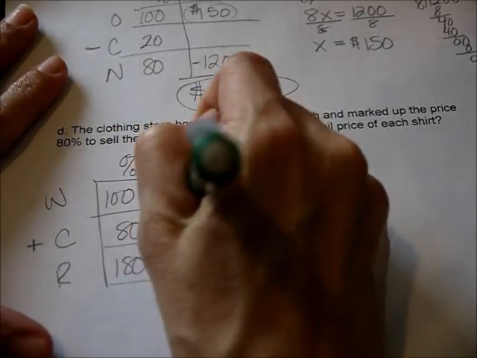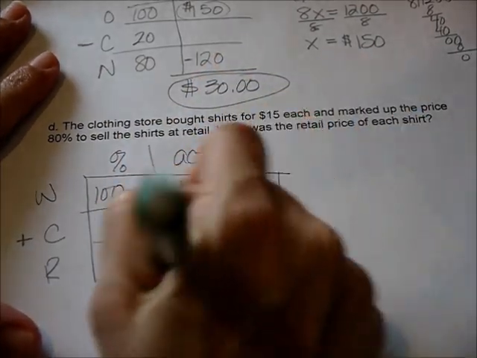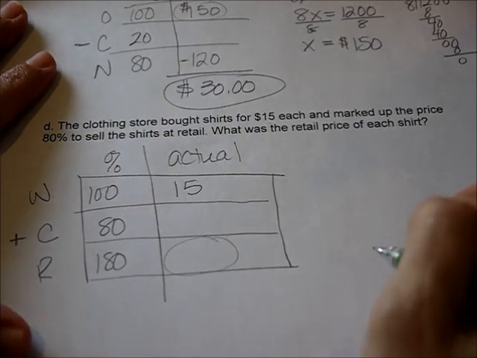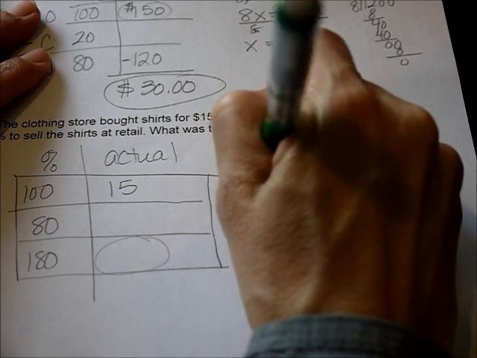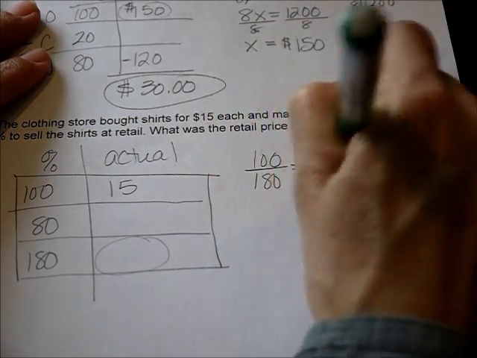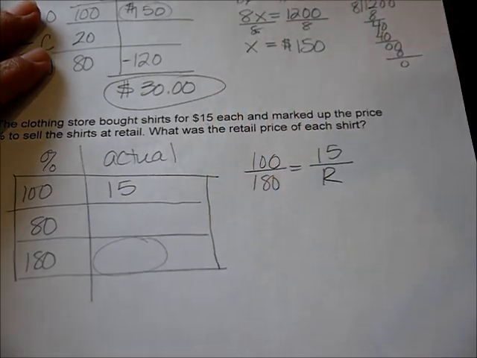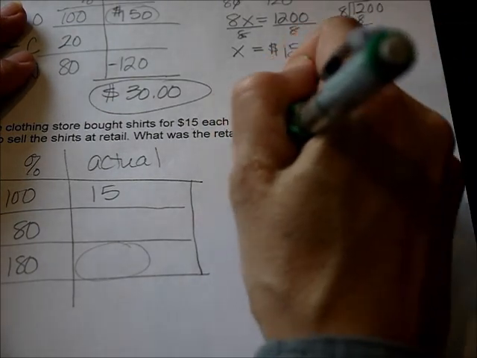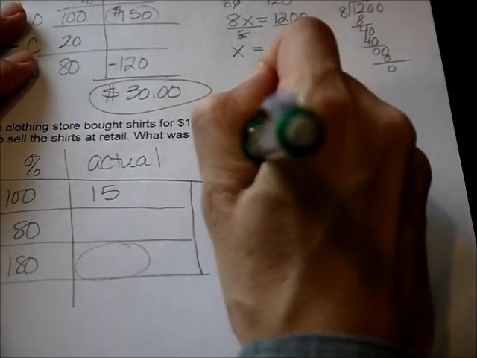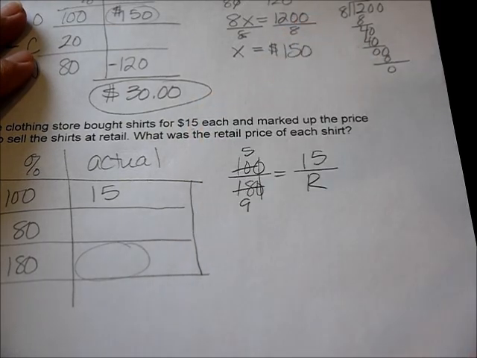Okay, and he originally bought the shirts for $15. What are they all going to get sold for now? So let's make our ratio problem equation. Okay, and we can go ahead and cancel that. And also we know that half of 10 is 5, half of 18 is 9.